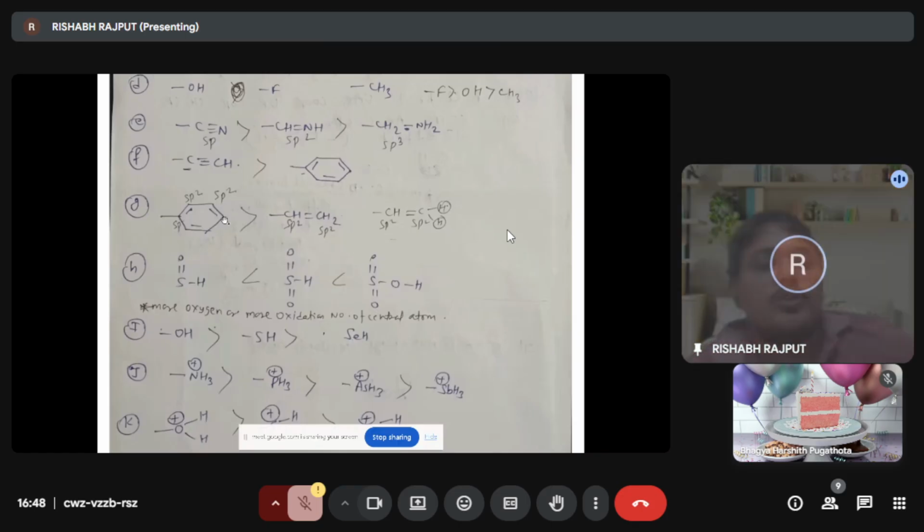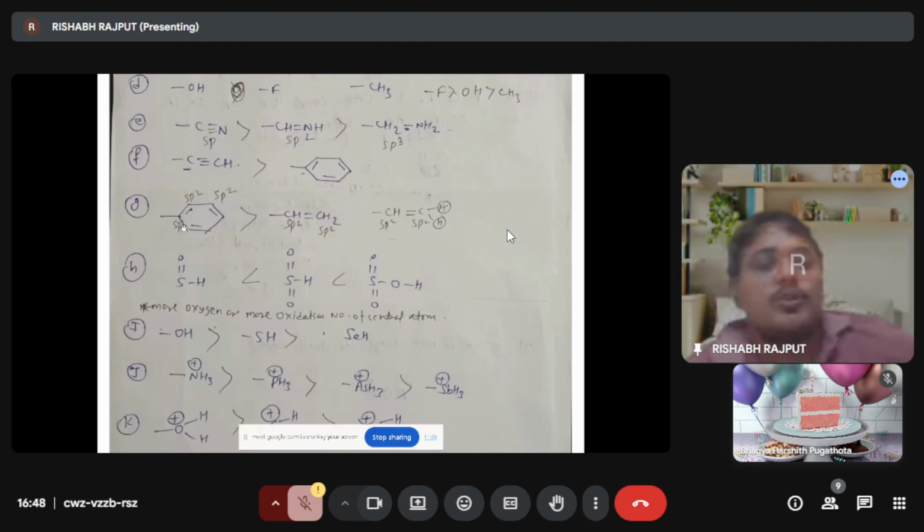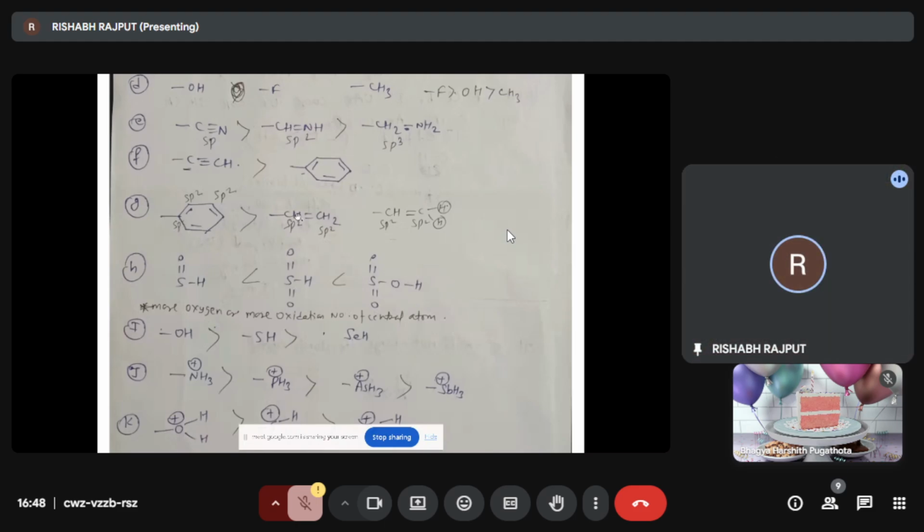What is the meaning? In this chain, all carbons have sp2 hybridization, but here only these two carbons are sp2 hybridized. After these two carbons, you have a bond with hydrogen. I already told you that with a hydrogen bond there is no I effect, because you already know that for H there is no I value. So that is why these six carbons are sp2 hybridized. That is why this C6 sp2 hybrid has more minus I effect compared to only these two carbons.